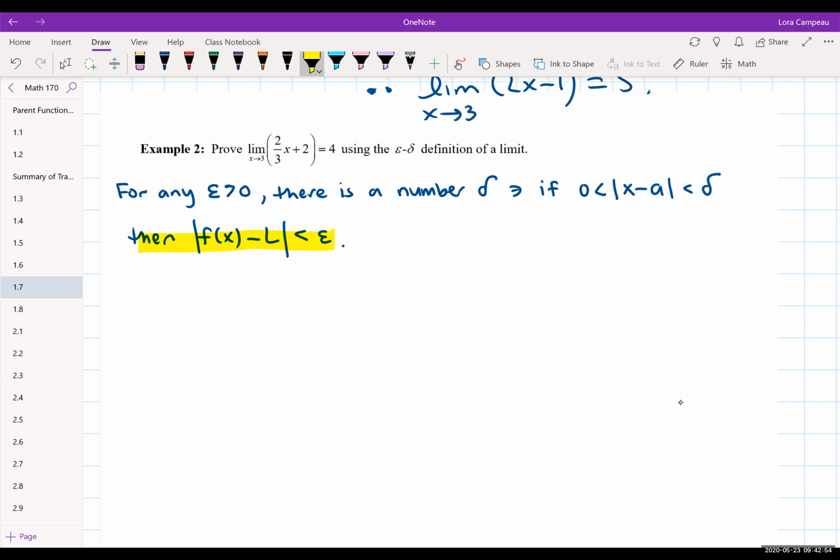And it's helpful when you start filling in who the f of x is, who the L is, and who the a is, just so that you know what you're looking to prove. So I'll do that. So if I look at my particular problem, I'm seeing my f of x is actually defined. This part is 2/3 x plus 2. My L, my limit, should be 4.